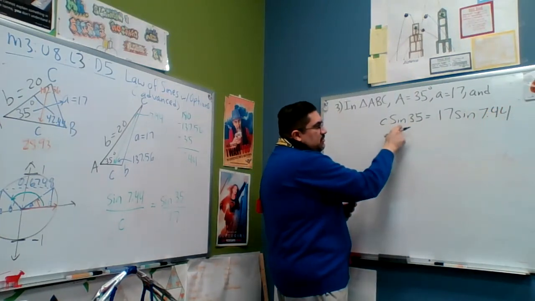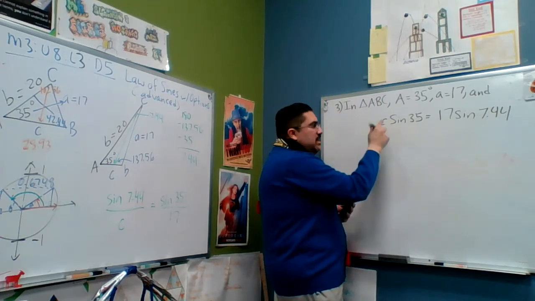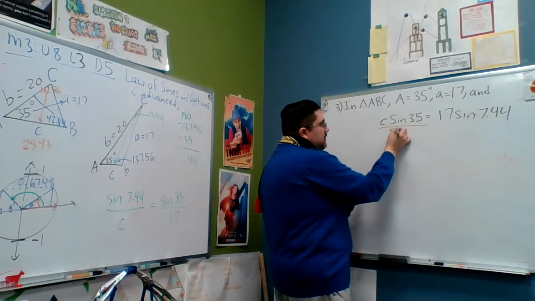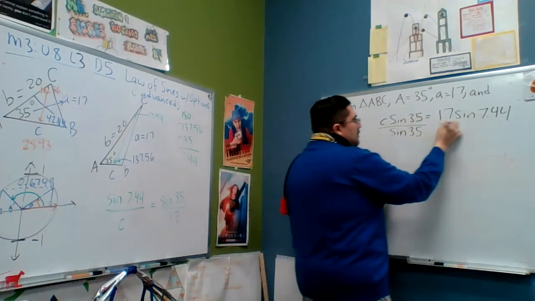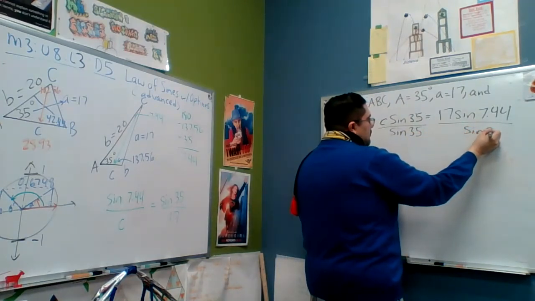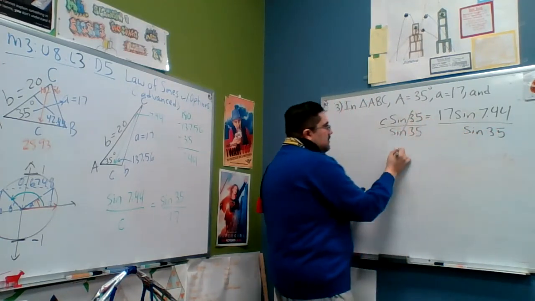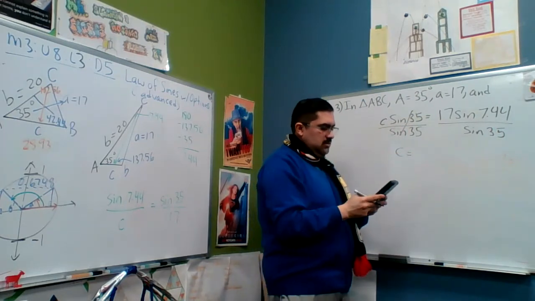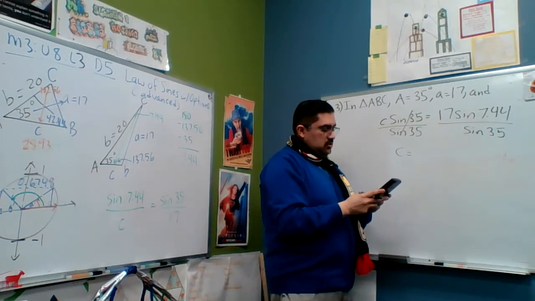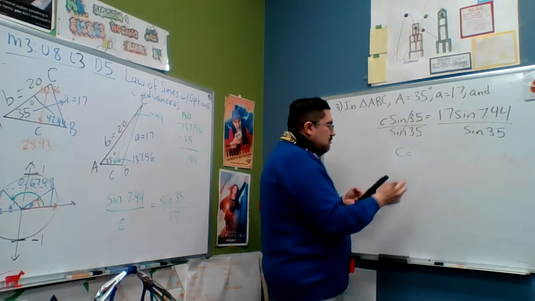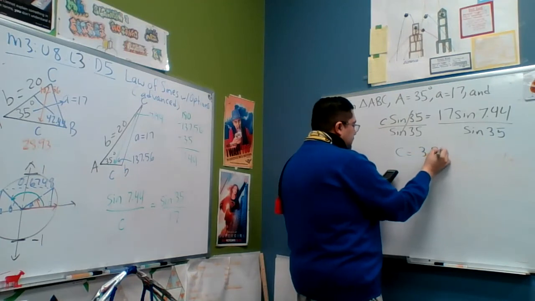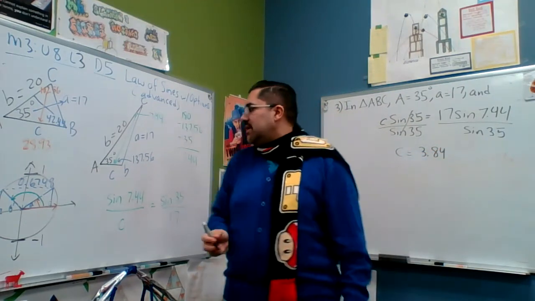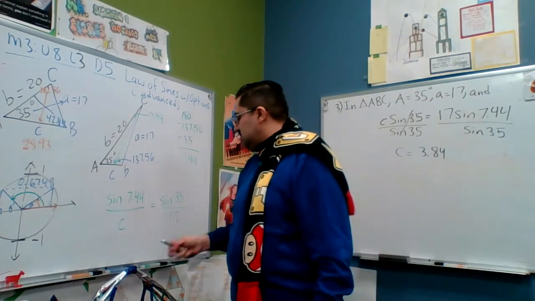Again, this is a number next to something else being multiplied, so I divide to get rid of it. Cancels over here. I go to the calculator, making sure to close parentheses to put that 7.74. Sine 35 on the bottom. I got 3.84. So now I have my two options.